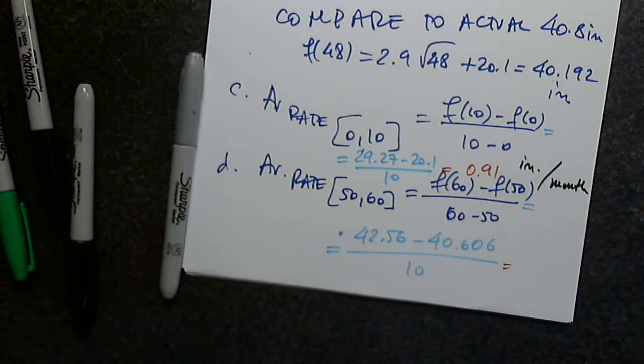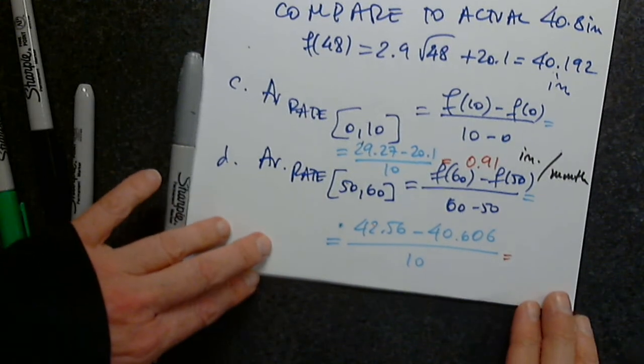So here's what it means. It means that according to the study, between 0 months of age and 10 months of age, the height of boys changes at, or with, or by almost 1 inch per month.